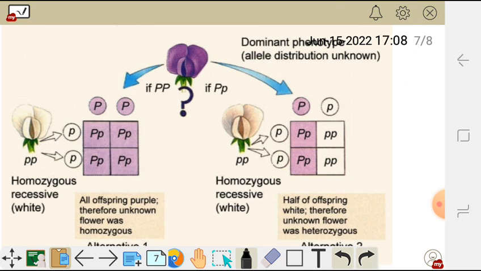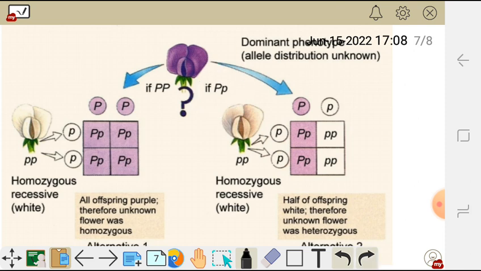If you cross a homozygous recessive and a homozygous dominant plant, all the offspring will express the traits of the dominant allele. So in this case, all the offspring are going to be heterozygous purple. If that is the result after the test cross, then we can confirm that the unknown color is homozygous dominant.